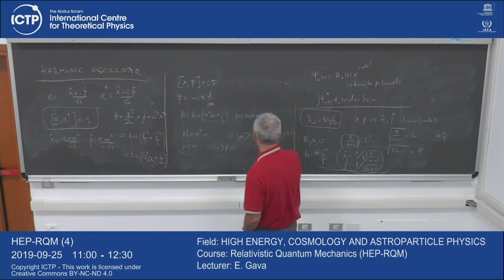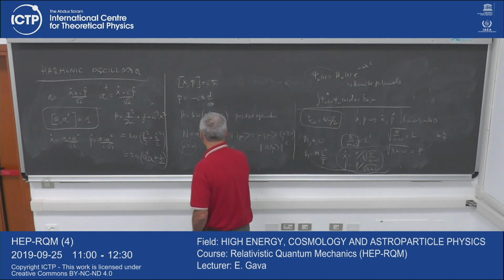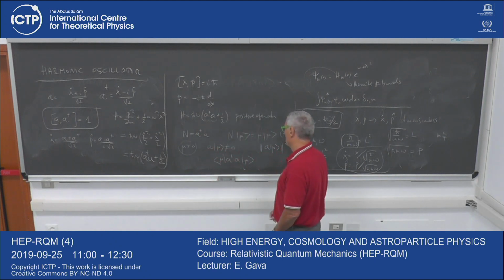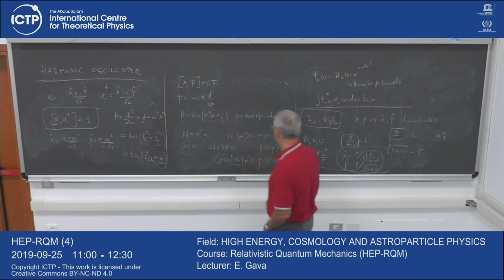Well, you take the norm of this, right? What is the norm of this? Well, it's this times the Hermitian conjugate, right? So this is mu A dagger A mu, right? But this is nothing but mu times mu, right?